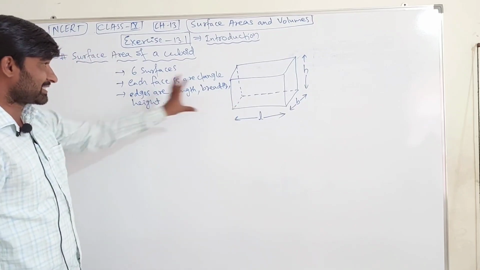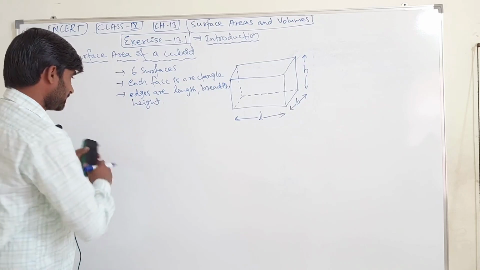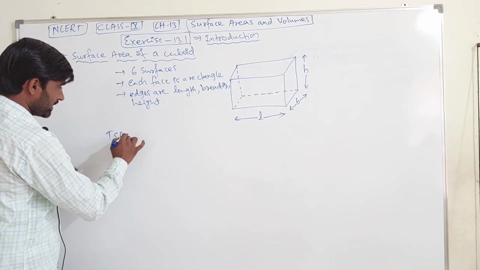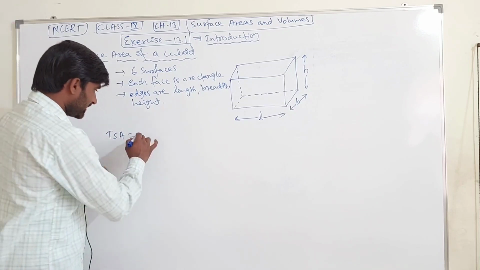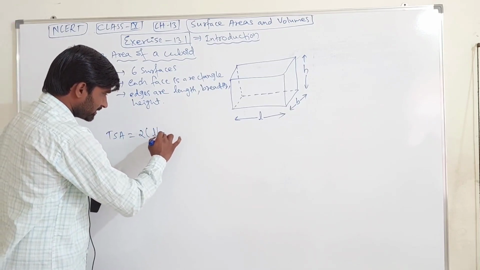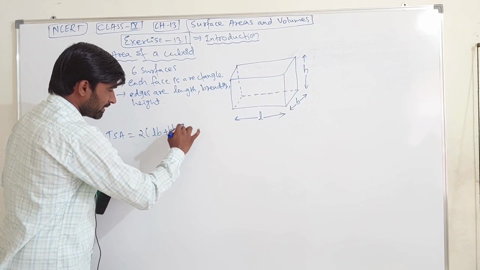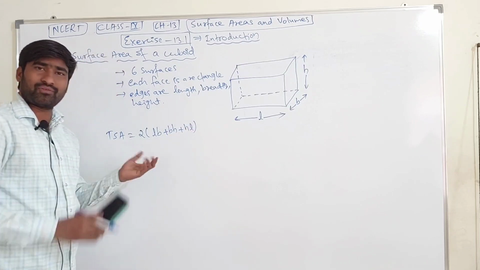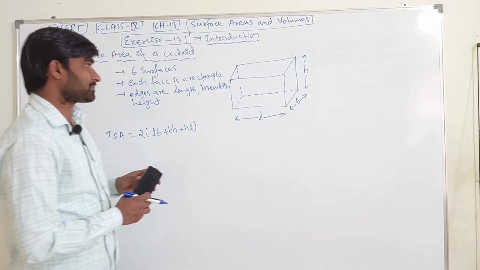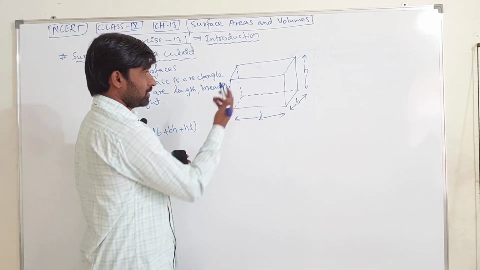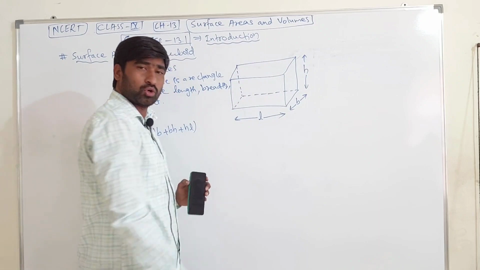So what is the total surface area of a cuboid? TSA, total surface area of a cuboid. Very simple formula, that is 2 times length into breadth plus breadth into height plus height into length. Simple formula. So I will make you feel also how this formula is given. Okay, see. Here this front and back both are same or different?